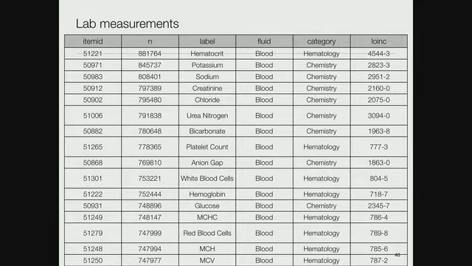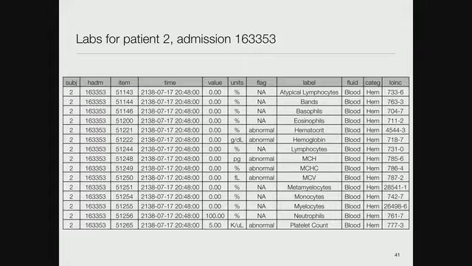So this is a long, long list of different things that can be measured, and all this stuff is in the database. So for example, here's patient number 2 in the database, on July 17th of 2138, this is part of the de-identification process to make it difficult to figure out who the patient actually is.